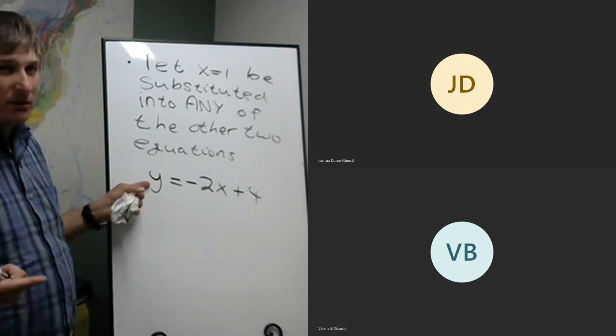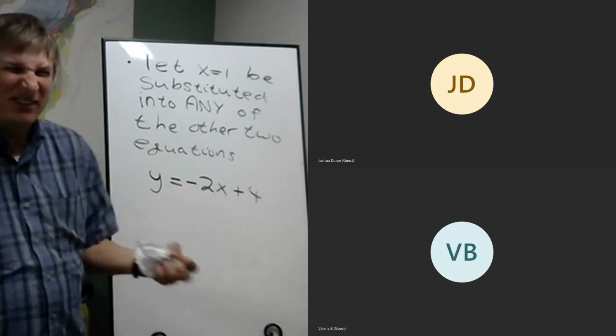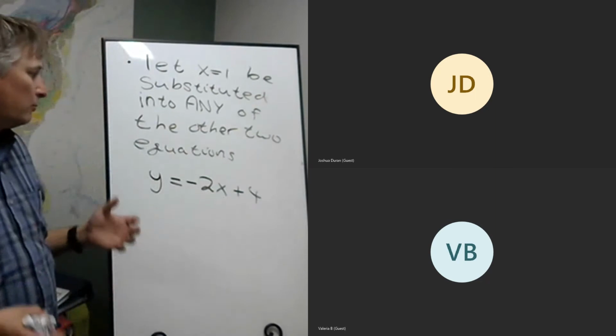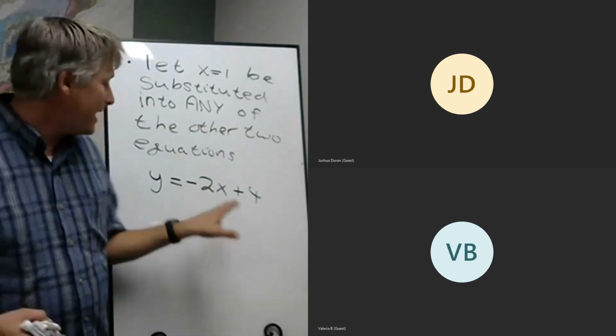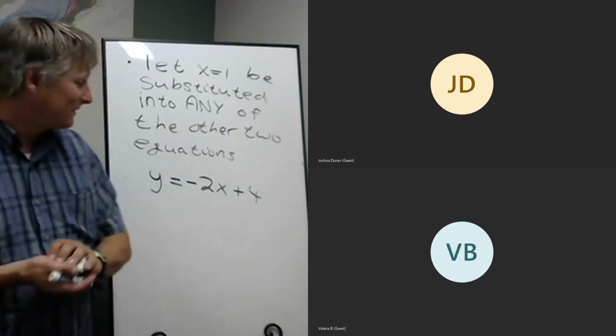So y is solved for. I mean, y is by itself, but we didn't get a number here. We like getting a number. We could get a number if we have a value for x, but we do have a value for x. We found out x was 1.